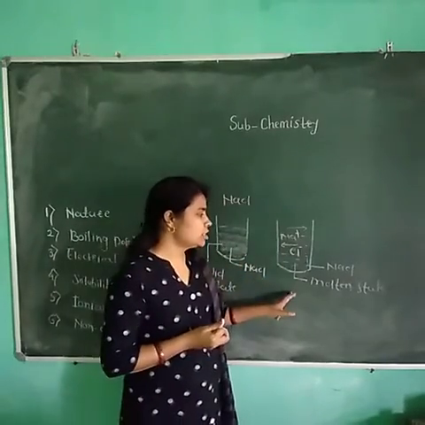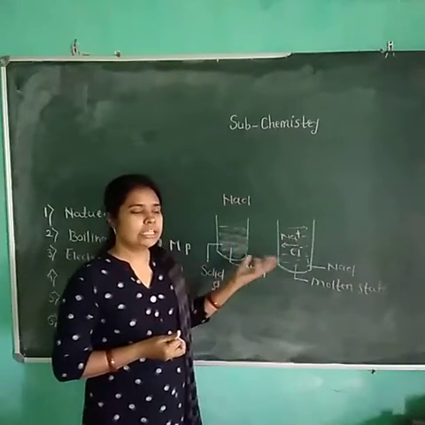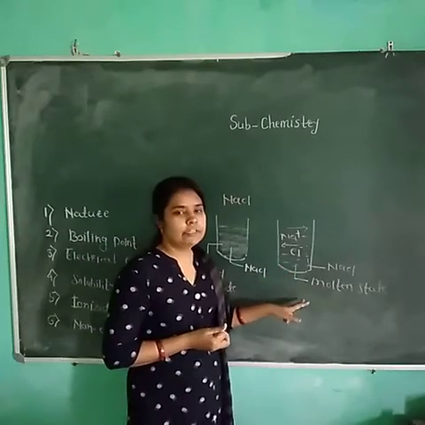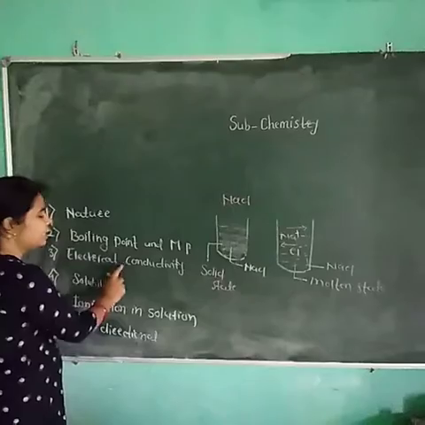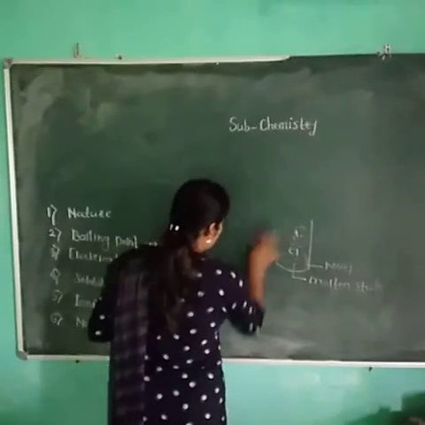But in the molten state, these cations and anions flow from one place to another and are freely movable, and that's why the electrical conductivity of molten NaCl is very high. So this is the main characteristic of NaCl or ionic compounds.